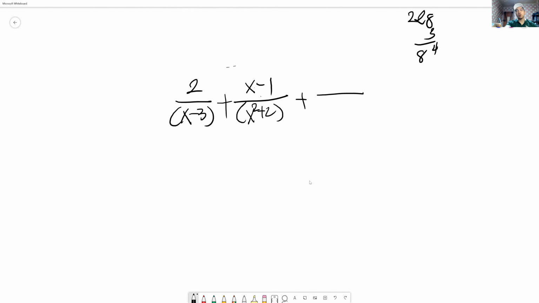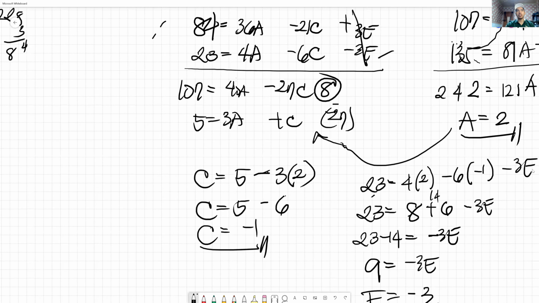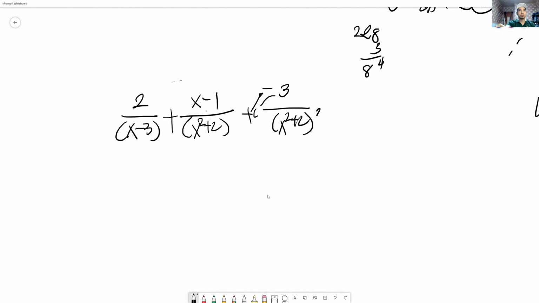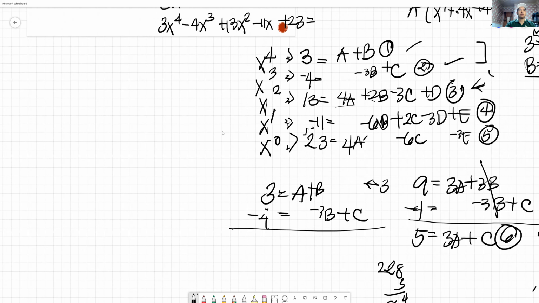Our D is 0, so we can neglect that. But we have the value of our E equal to negative 3. So it is better written as 2 over x minus 3 plus x minus 1 over x squared plus 2, and instead of plus, that would be minus 3 over x squared plus 2 quantity squared. And this is now the decomposed answer, which is also written in this part.